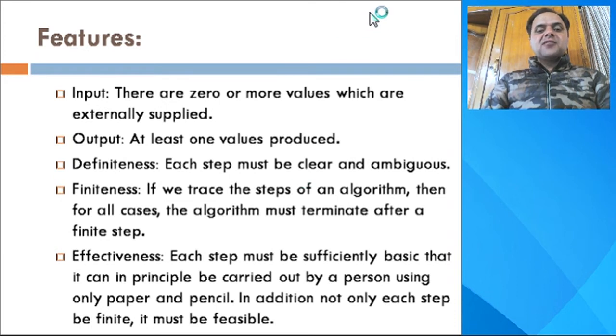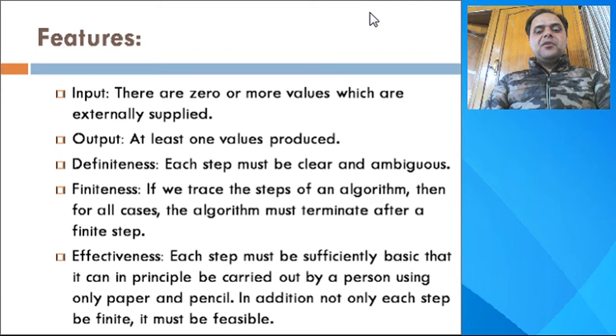There are zero or more values which are externally supplied, so we can input no value, one value, or more than one value to an algorithm. Output: at least one value is produced. When we execute the algorithm step by step, we should get at least one value as its output.